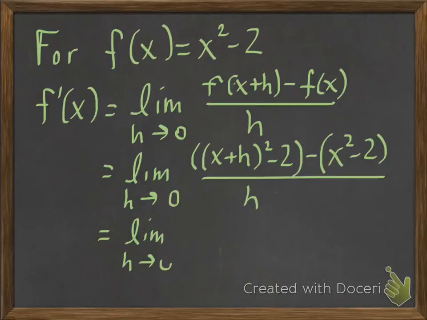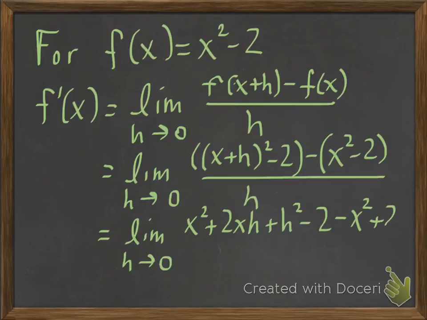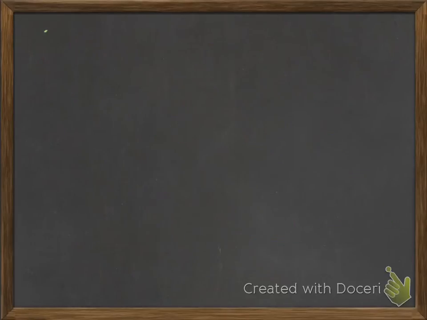And if I FOIL out that x plus h squared, I get x squared plus 2xh plus h squared minus 2, and then a minus x squared plus 2, because that minus sign distributes through, all over h. And notice I have an x squared and a minus x squared and a negative 2 and a plus 2, so those all go away.